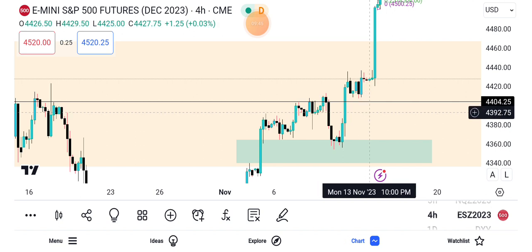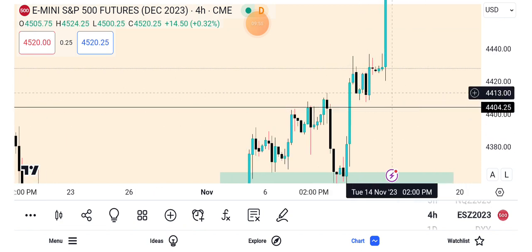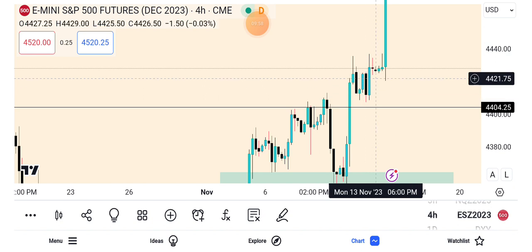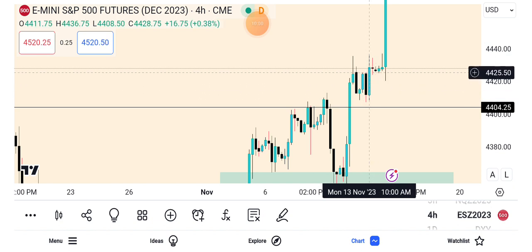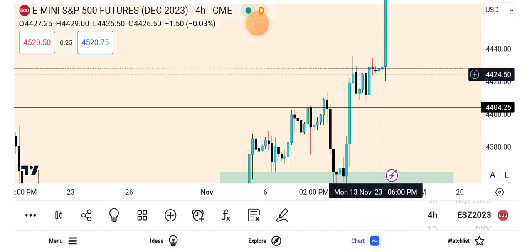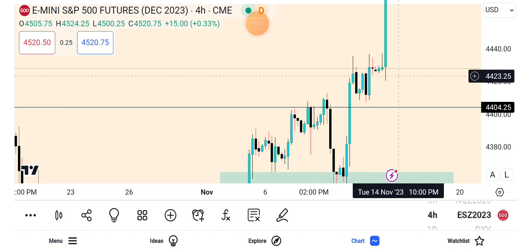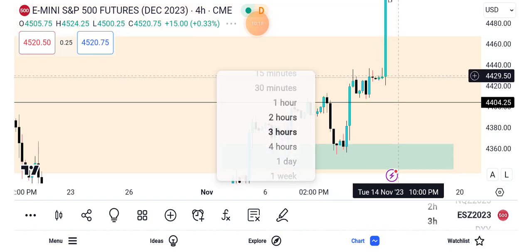Monday was really consolidating, and we can see candles respecting this order block, tapping into the order block but closing above it. So for today, during CPI, the market rallied down to clear these liquidities below and tapped into that order block, this bullish candle, then sharply rallied up.